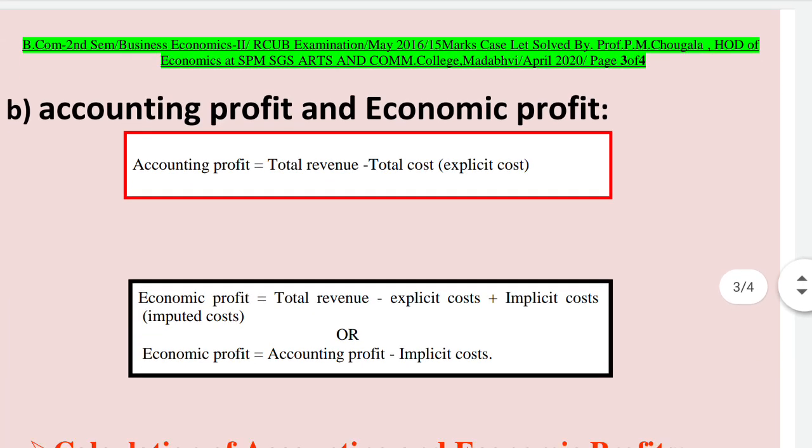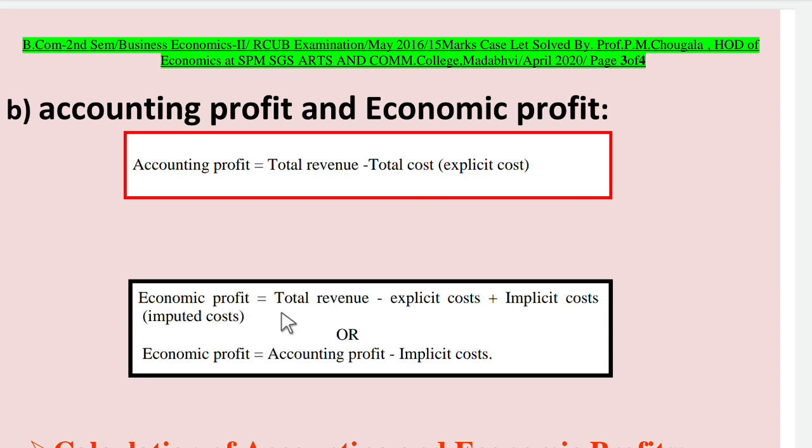Friends, now come to the next aspect: calculation of accounting and economic profits. Here I have prepared equations. Accounting profit is equal to total revenue minus total cost, where only explicit costs are considered.